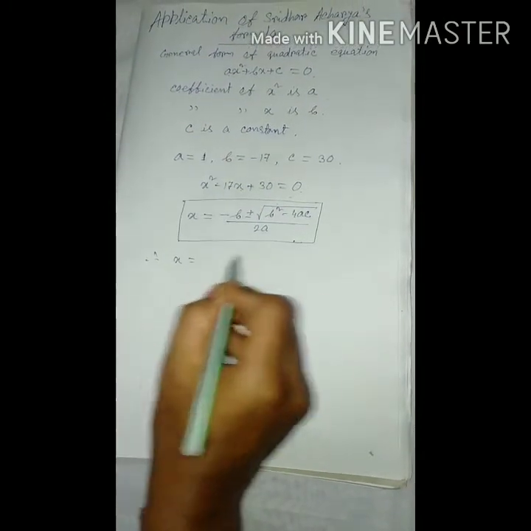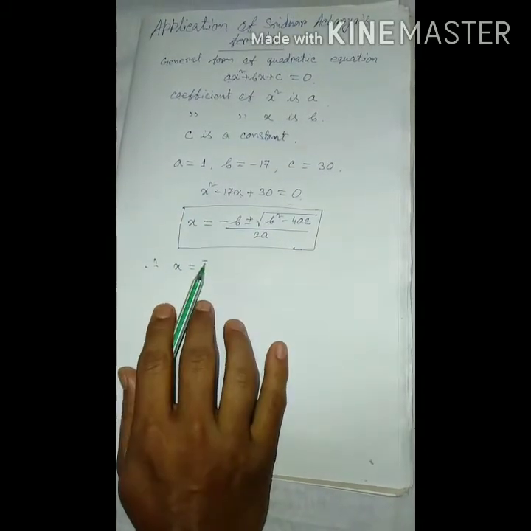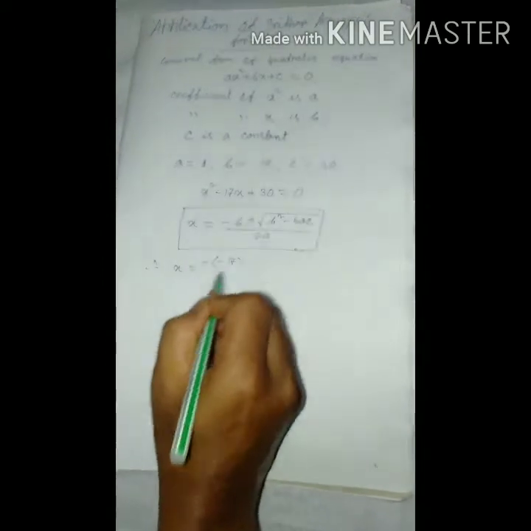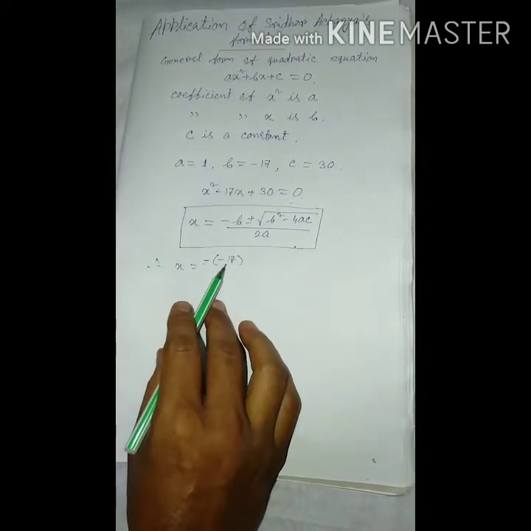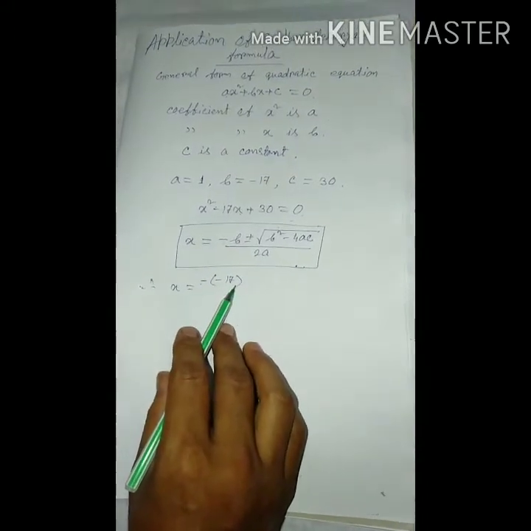Therefore, x is equal to minus, this minus comes from the formula. Putting the value of b is minus 17. Write minus 17 in a bracket like this.